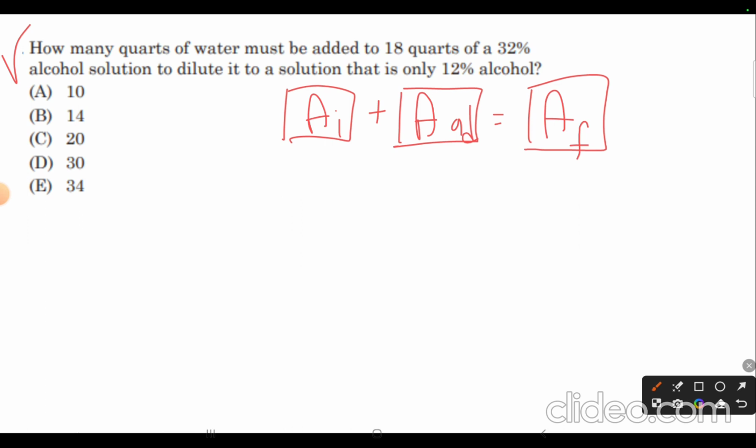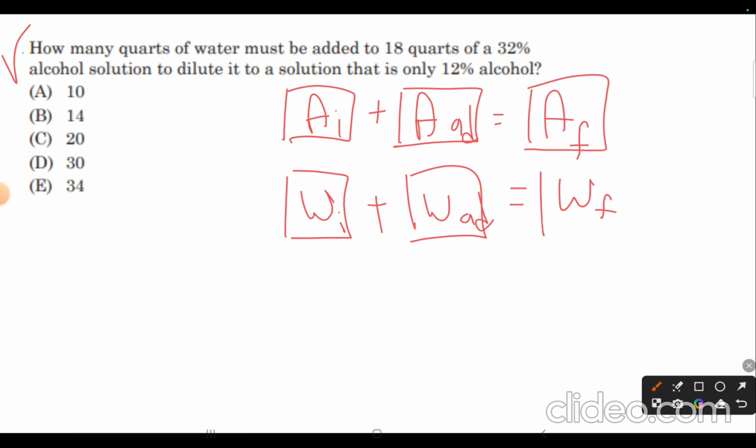We can write it like this, or we can write water initial plus water added equals water final. Here I prefer to write alcohol because it's easier when you have 32% alcohol and 12% alcohol.